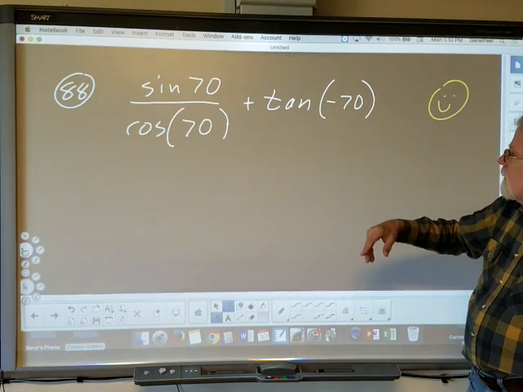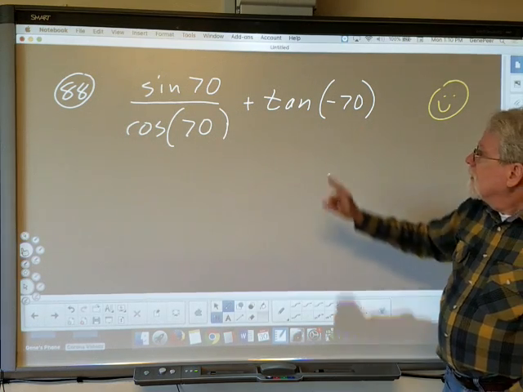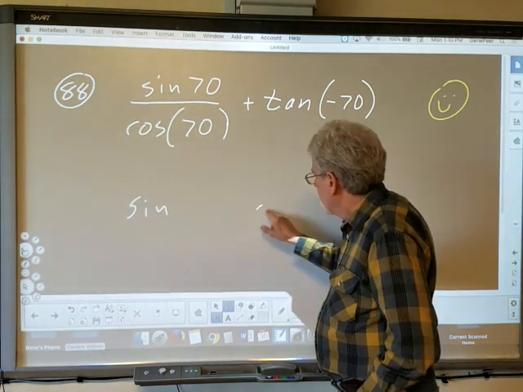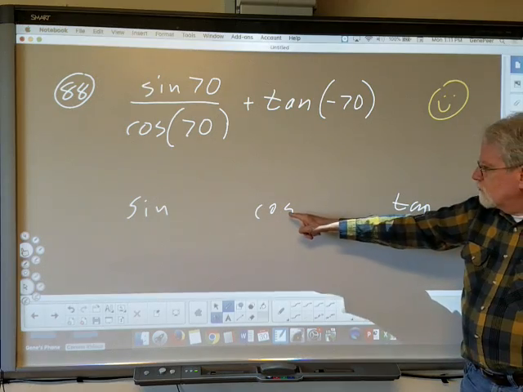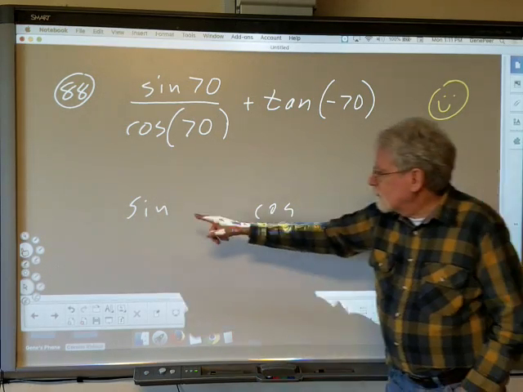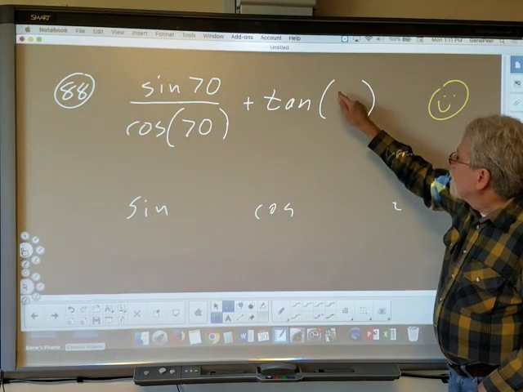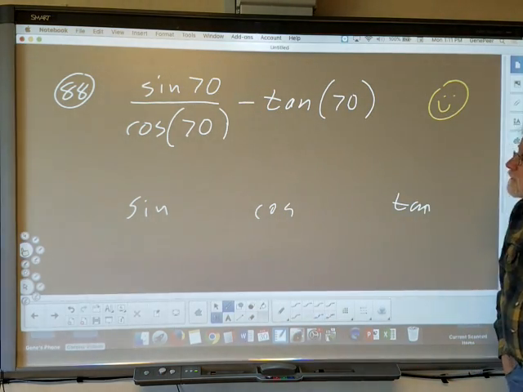So what's special about this? Oh, by the way, let's take care of that negative sign. With sine, cosine, tangent, this is the one where you drop the sign. These guys are the ones where you pull the sign out. So this becomes ordinary sine of 70, but it changes the plus into a minus. Pretty cool.